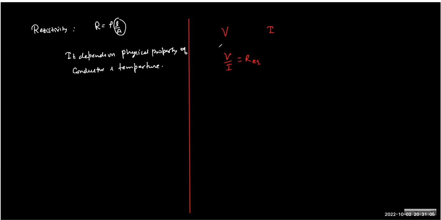This is the formula called R equivalent. To find the R equivalent of any medium experimentally, you connect the voltage, check the current, and the ratio gives you the R of the medium. Because R cannot change: no matter what V and I you apply, R will remain the same. For every V, I will be in some proportion, and that constant of proportionality we call resistance. Okay?